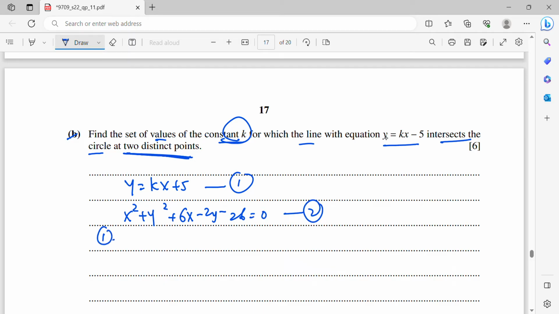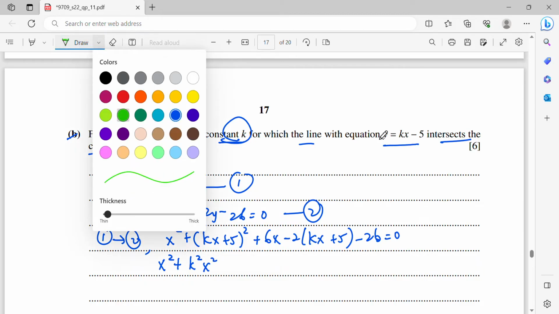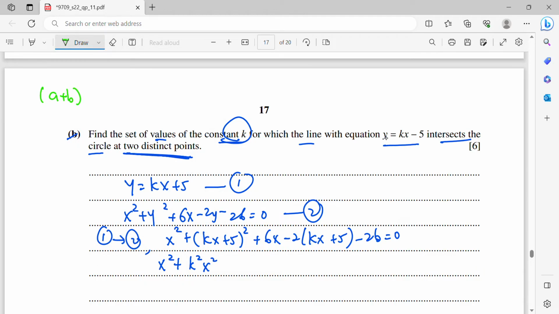Now I substitute first into second. Alright, so x squared plus kx plus 5 squared plus 6x minus 2 of kx plus 5, then minus 26 equals to 0. So I will do expansion. So x squared plus square of kx plus 5 will be k squared x squared. I'm going to use quadratic expansion, a plus b squared, which is a squared plus 2ab plus b squared.